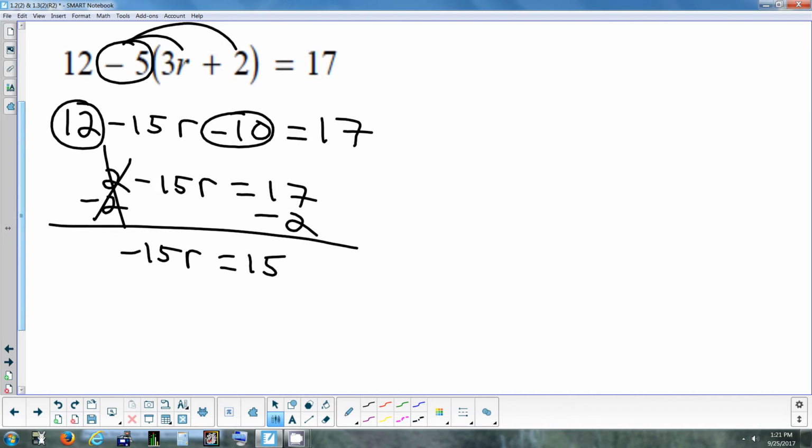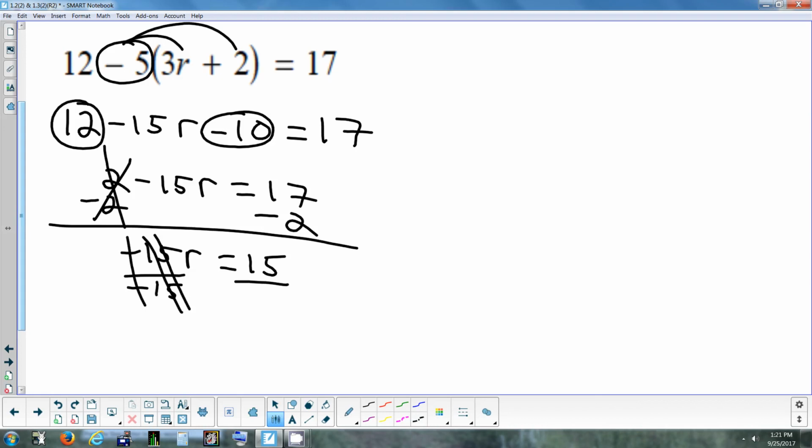What operation am I going to use in the last step? Just tell me the operation. Xander? Yep, we're going to divide. And we're going to divide by? If we divide by 15, that wouldn't cancel. R would not be by itself if we divide by 15. -15.